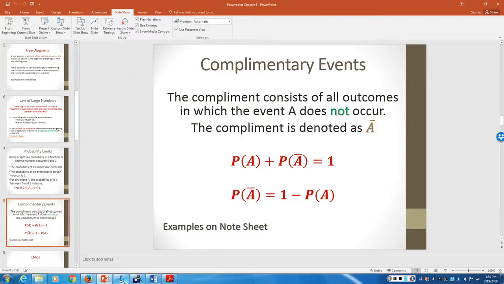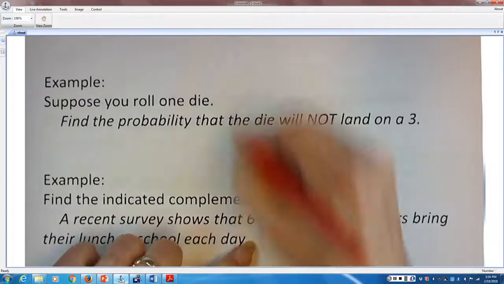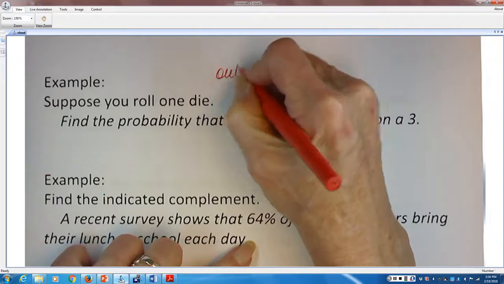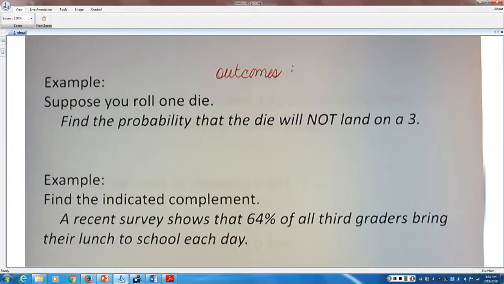So to go back to our example problems for a minute, suppose you roll 1 die. What are the outcomes for 1 die? Well, let's list the outcomes first.